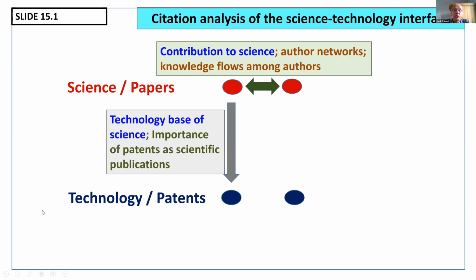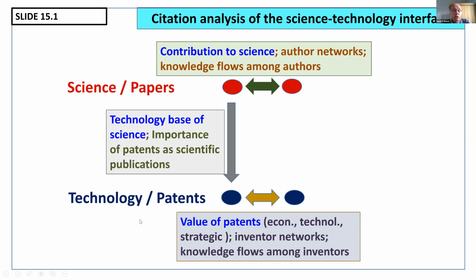It can give us a clue of the importance of patents as scientific publications. Then, of course, we can also analyze citations between patents, from one patent to another. And that enables us to analyze inventor networks, knowledge flows from inventors, and so on.